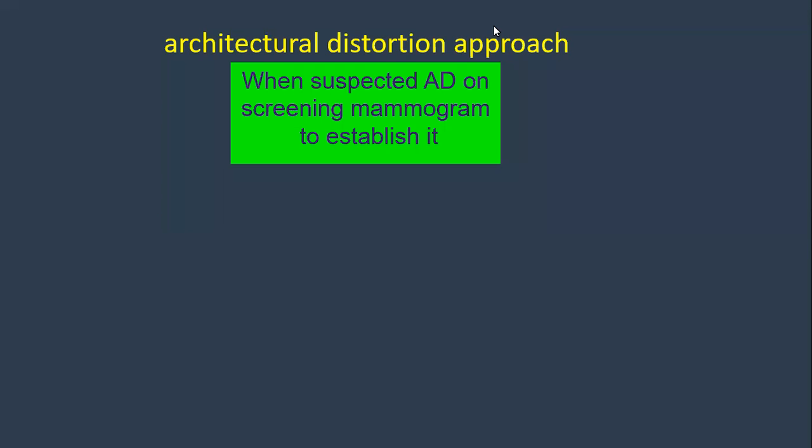So what do you call this other view? Now the patient had the screening and has already left, and you are reporting the screening and suspecting an area of architectural distortion.